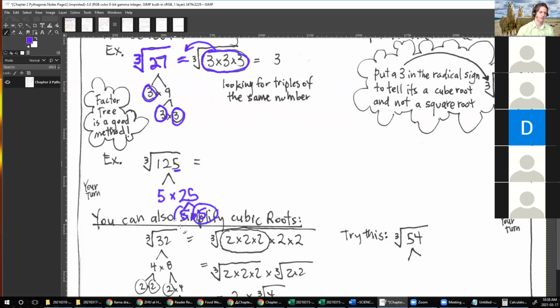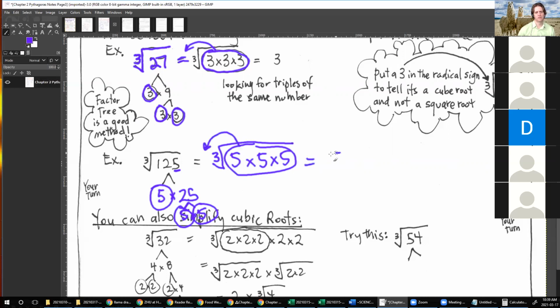So it's a cube root, and I have to write my 3 in there. It's 5 times 5 times 5. Now I'm going to circle a triplet because, of course, I'm dealing with cubes. As I pull that triplet up, it just becomes one of those numbers. And there we go. We're done.